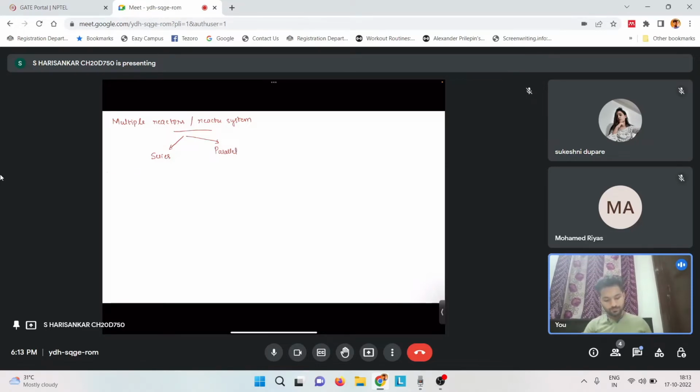So first we'll look into CSTRs in series, right? So let's roughly draw our system. This is our CSTR1. We have an inlet. This comes out into another CSTR.